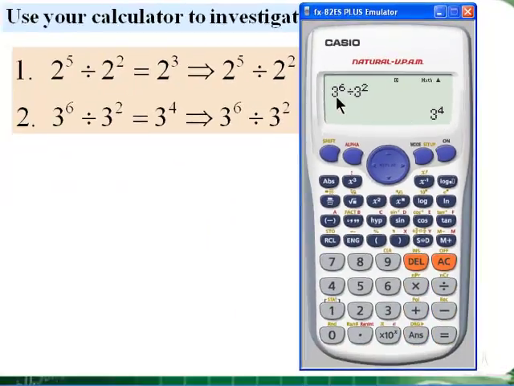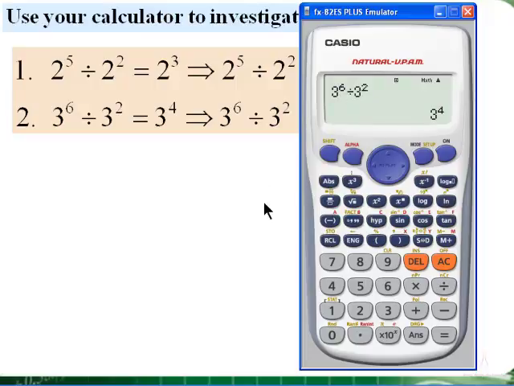So clearly, if you divide and the bases are the same, like in this case 3, then to get the final quotient, you simply rewrite the same base and subtract the exponent of the divisor from the exponent of the dividend.